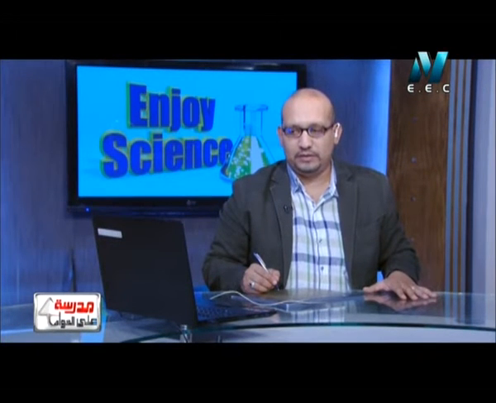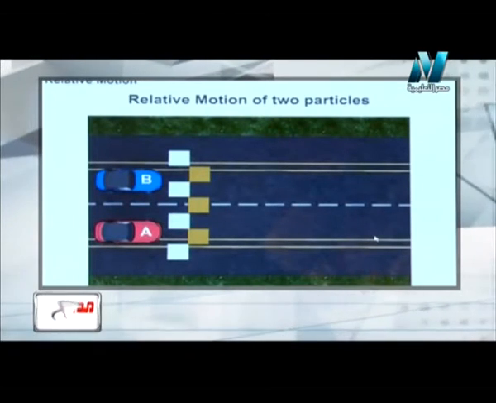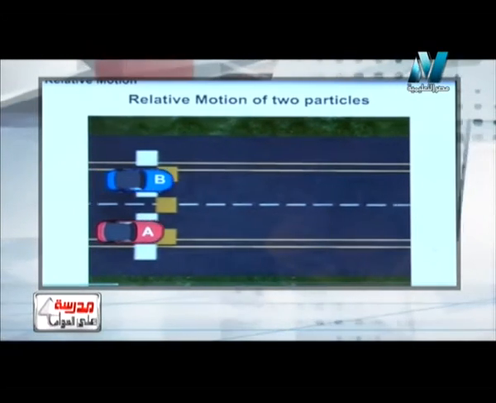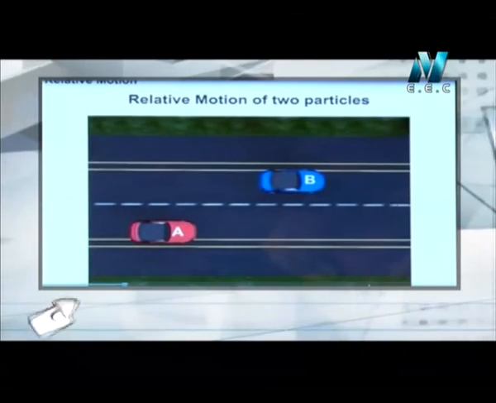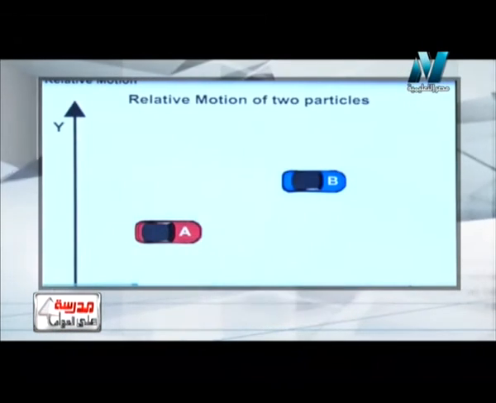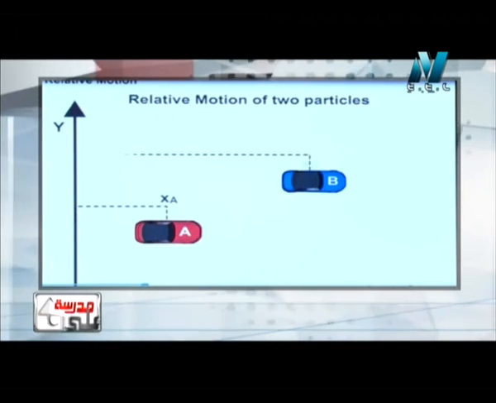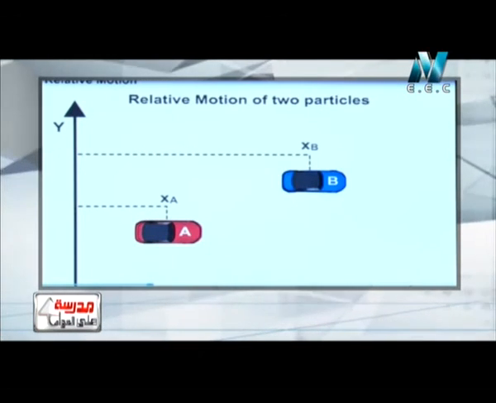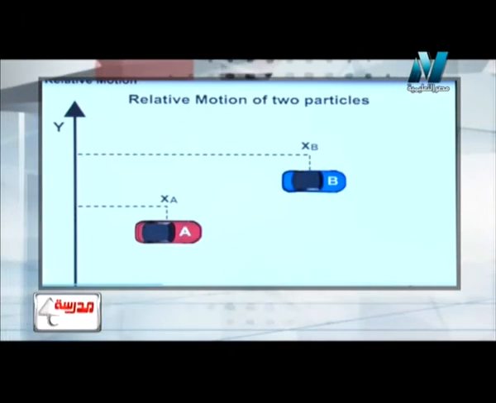Speed of two cars moving beside each other, car A and car B, as you see in front of you. Car B is faster than car A. So if you want to calculate the relative speed of car B to car A, in this case the two objects move in the same direction, so we make a subtraction.